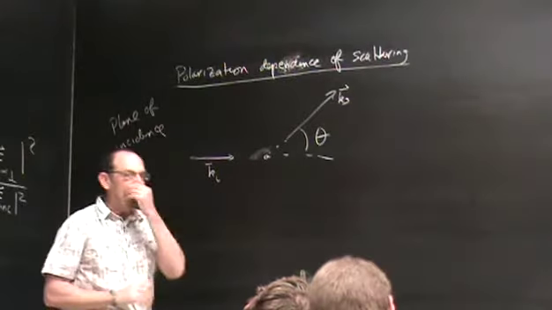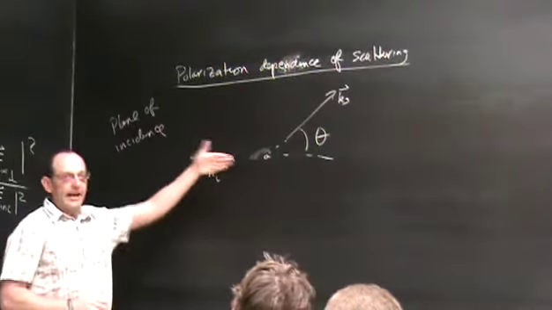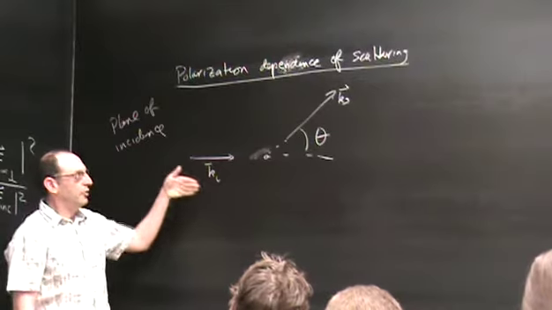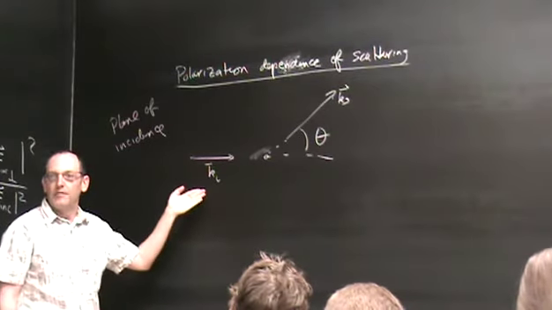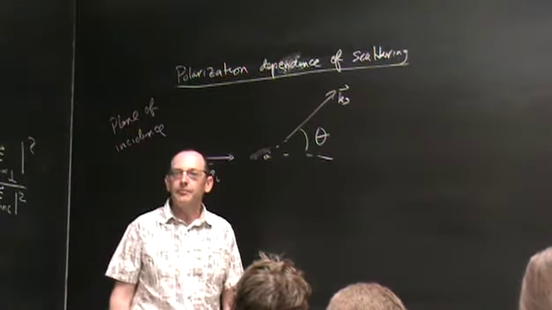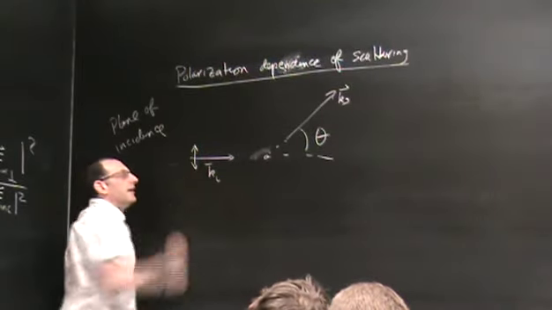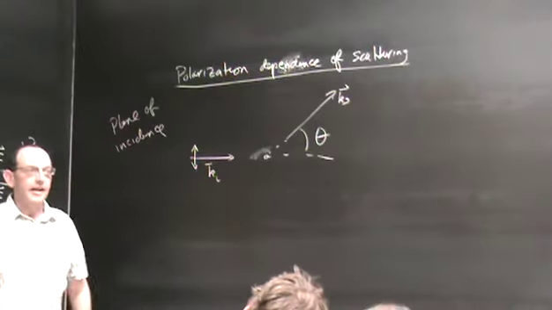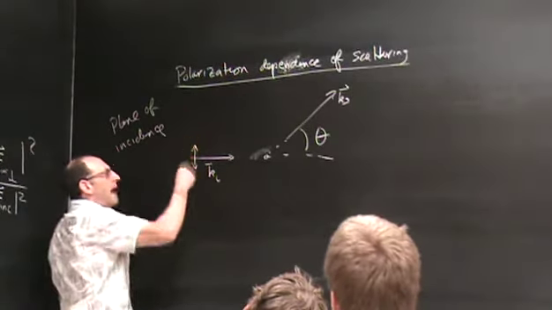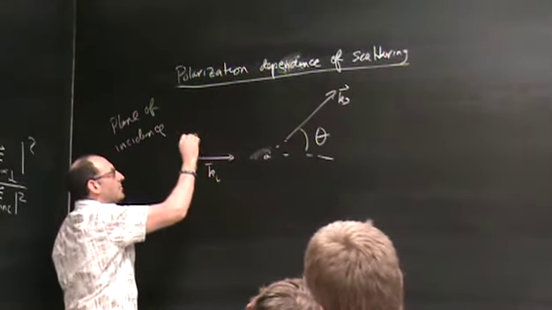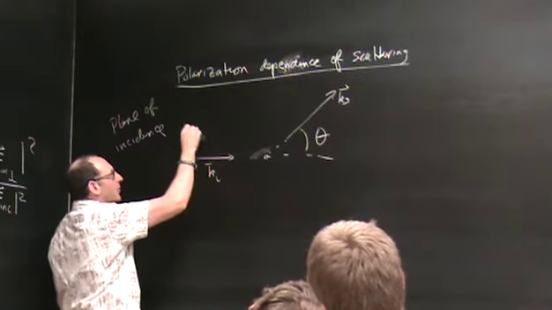So the plane of the blackboard is the plane that I've drawn that includes the two vectors, the incident wave vector and the scattered wave vector. Okay? And so there is a polarization state in the plane of incidence, which is parallel. So it's called p polarization or pi polarization.